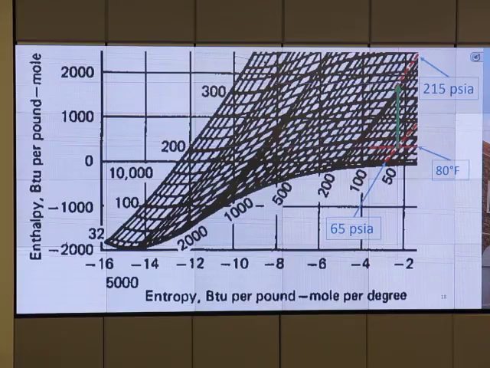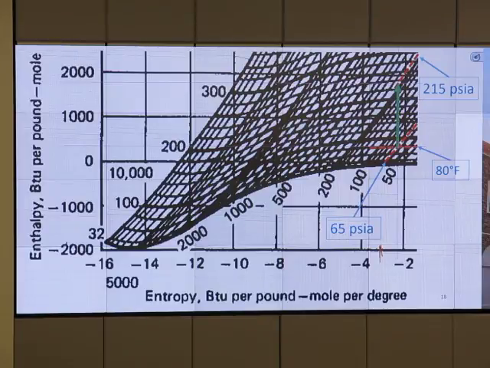We know that when we calculate theoretical horsepower for the compressor, S is constant. So we go up straight, and that makes S constant. When do we stop? We go up and stop at the target pressure.